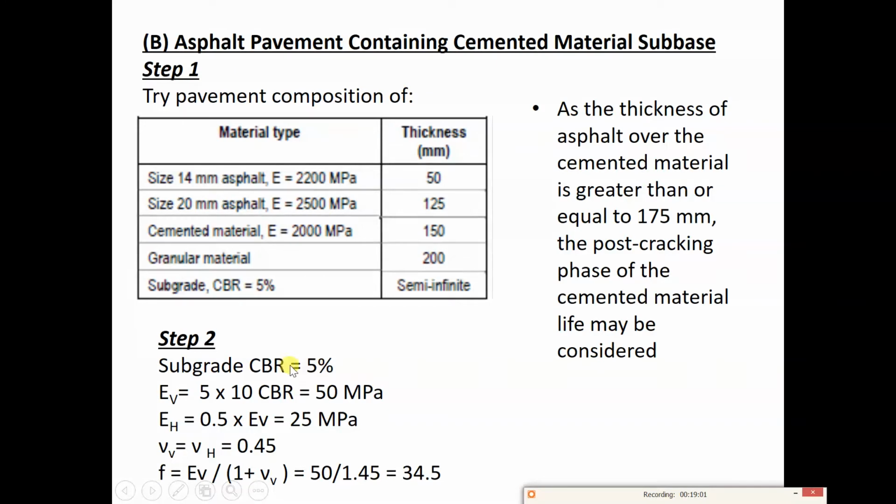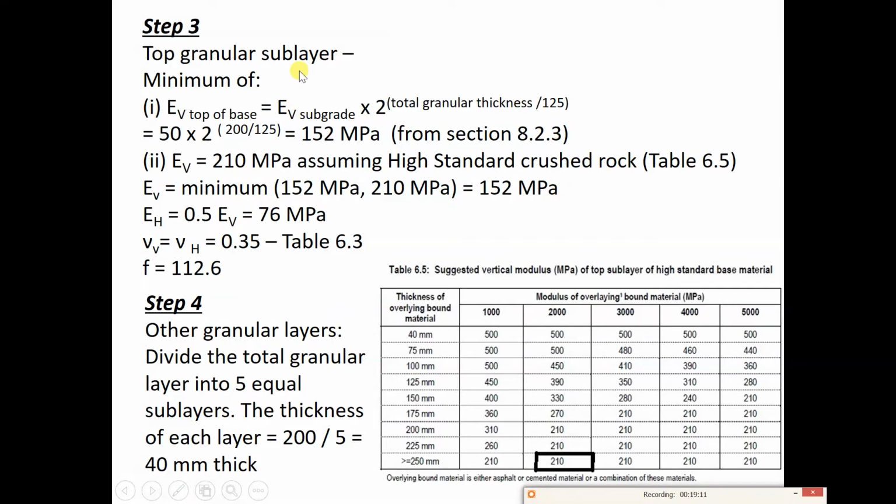The CBR of 5% becomes 50 MPa. So we consider the subgrade, and then the granular layer. We have to input the granular layer's modulus and the Poisson ratio.